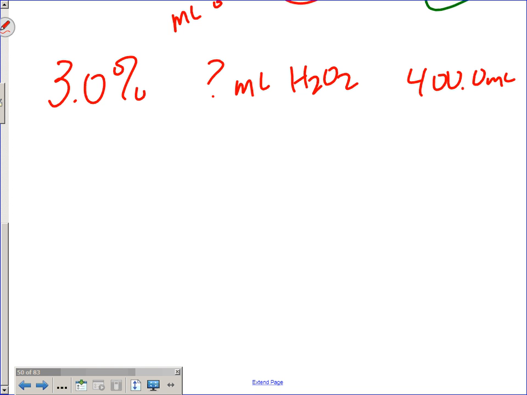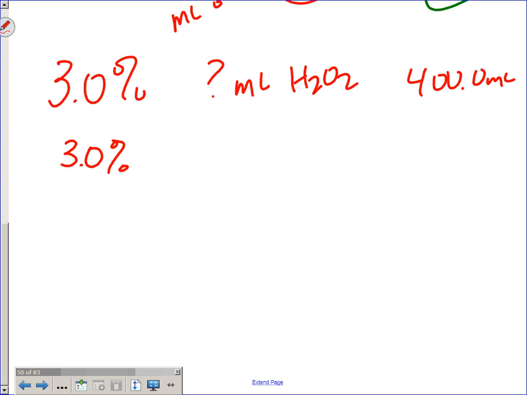First you change the percent to a decimal, so it's 0.03. Okay, go on. Equal to X milliliters of H2O2 over 400 milliliters of total solution, right? So you could go ahead and do that. I'll set it up before I do the decimal.